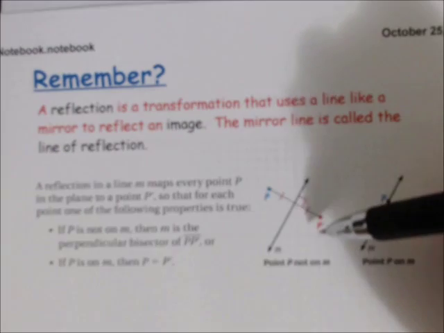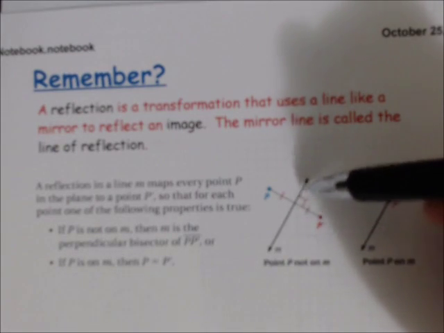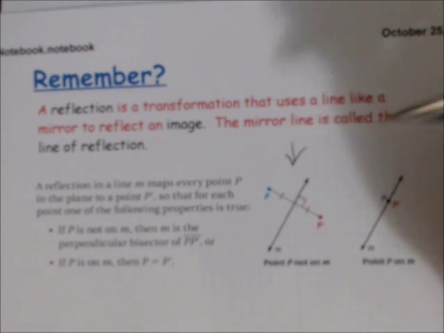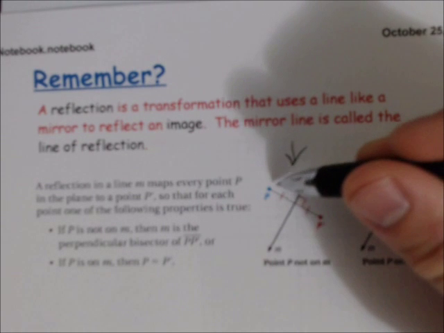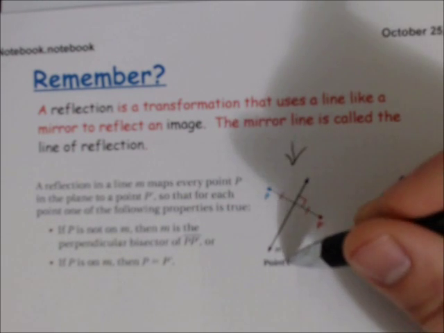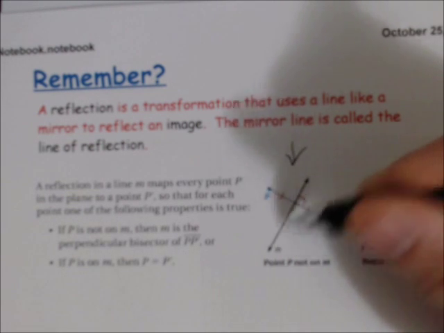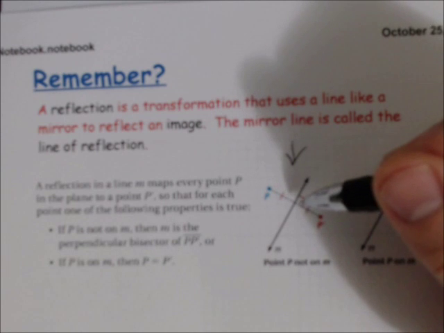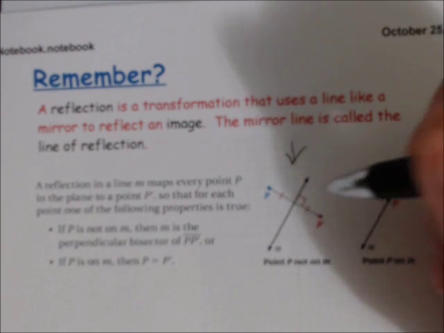If we take a look at the example underneath, on the first image to the left, this point P gets mapped to a new point P prime. Now point P is not on M. This is one of our examples where the original figure is not on the line of reflection.